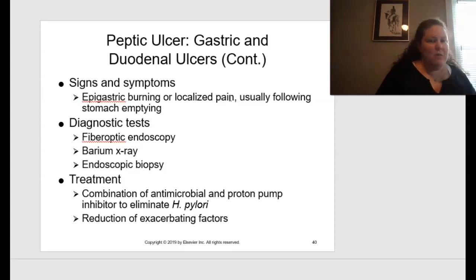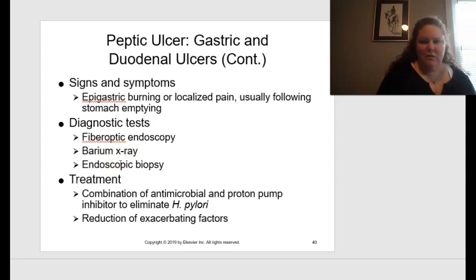So talking about the gastric and duodenal ulcers, the signs and symptoms are that you have the epigastric burning or the localized pain from that acid coming back up, right? And then this is usually following the stomach emptying. You also have diagnostic tests that you can use, and this would be like the fiber optic endoscopy, the barium X-ray, or the endoscopic biopsy.